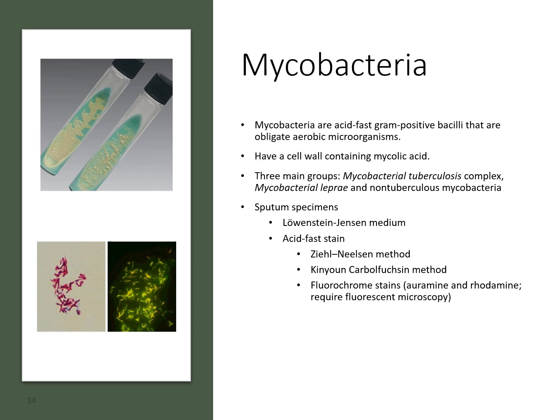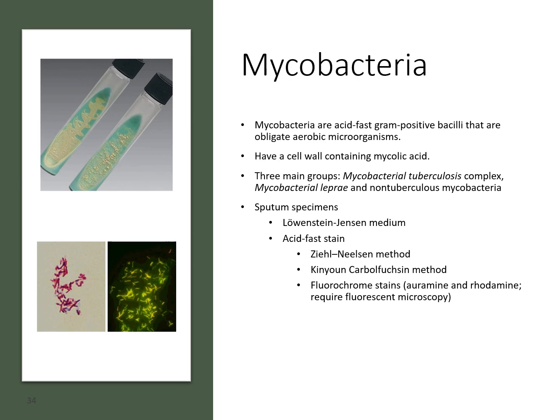So you would set this up in addition to traditional media. You're going to set up a Lowenstein-Jensen media, which is that agar slant that you see up top. This is a little bit different than the plate. It's in a tube that has a slant with the agar, and you can see those organisms growing on that slant.